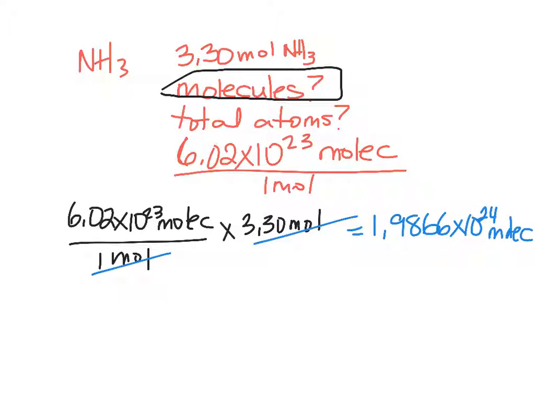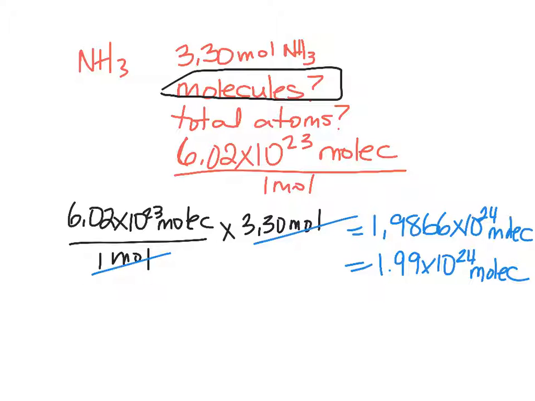Because that is an answer, you would round that. Don't write this down yet. So that's the answer for molecules. You don't write as big as I do, so you wouldn't have reached the right side of your page yet.